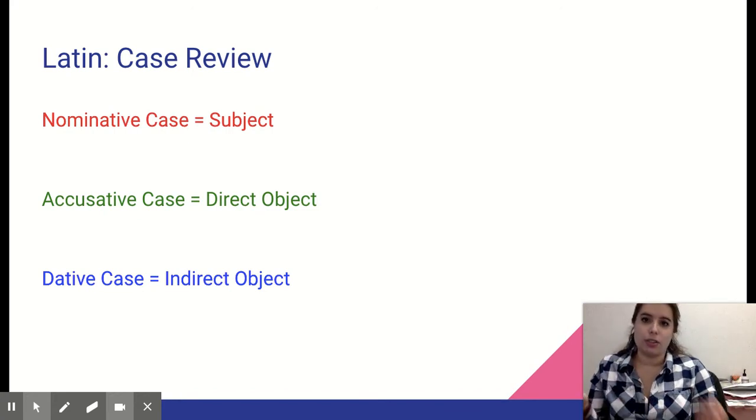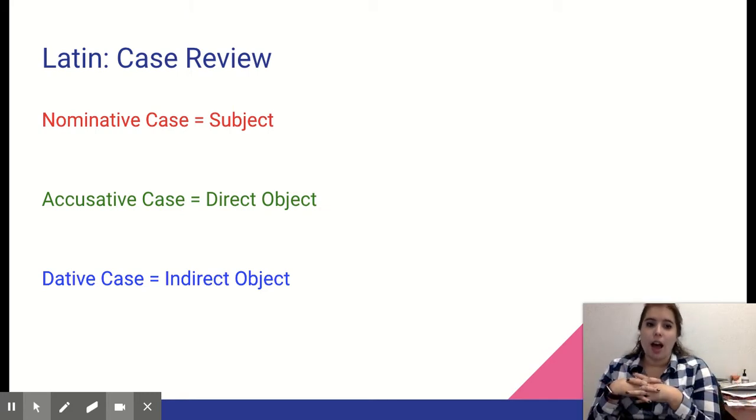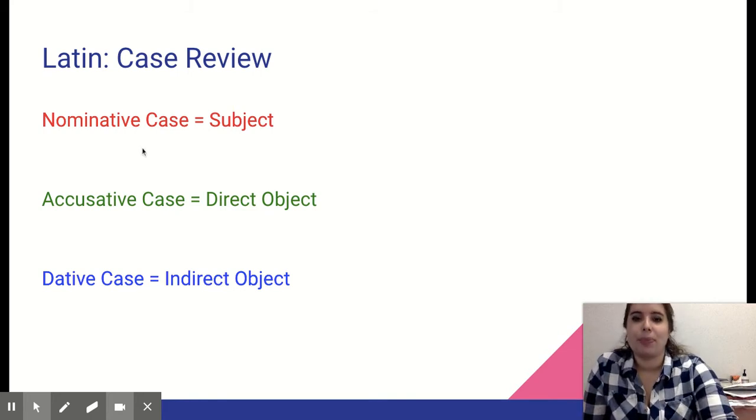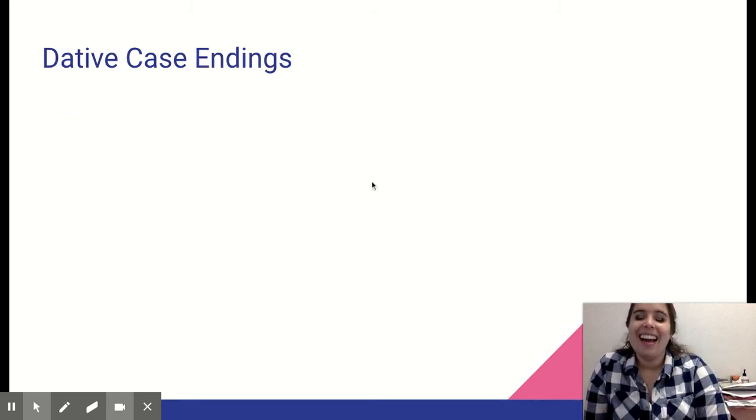Accusative case in Latin is used for the direct object, the noun that receives the action of the verb directly. And again, that has its own set of endings for nouns. And then dative case is our new one. This is the new set of endings we're learning today. This is for the indirect object. So again, these nouns will have their own set of endings for the dative case. So what are those endings?